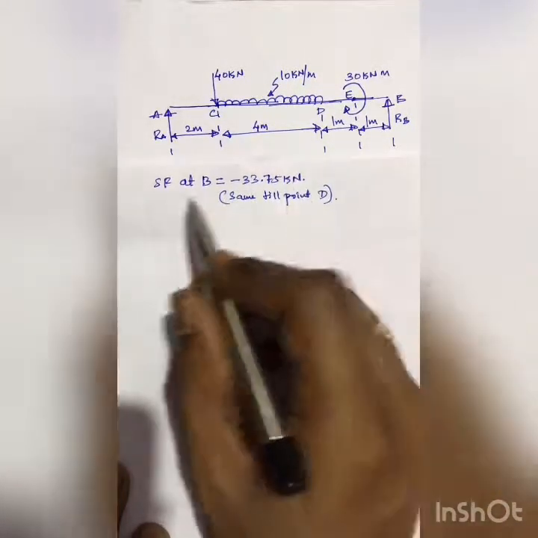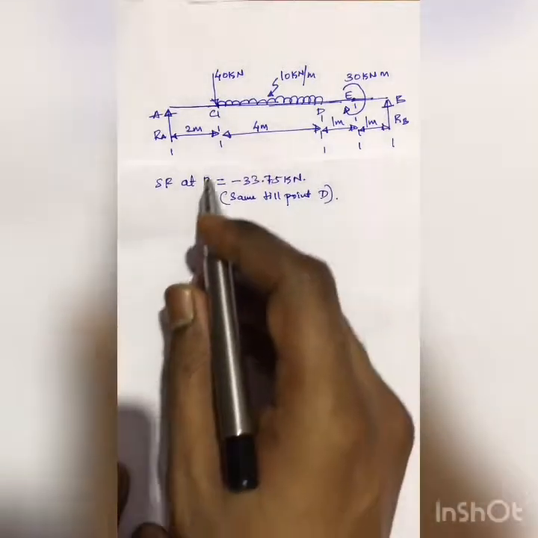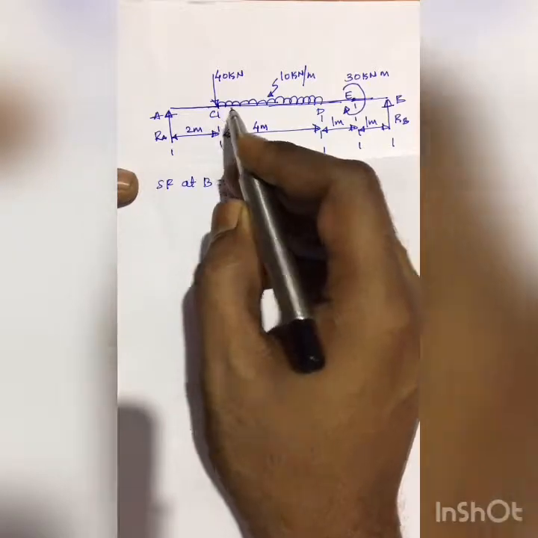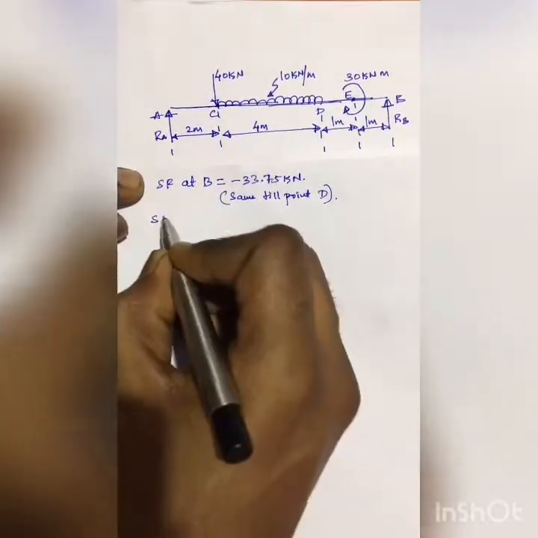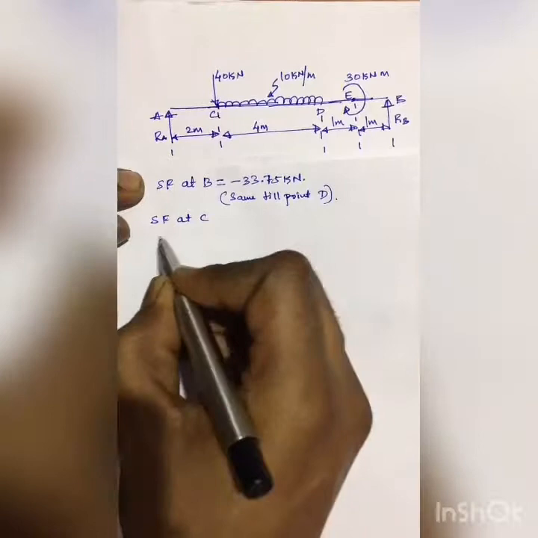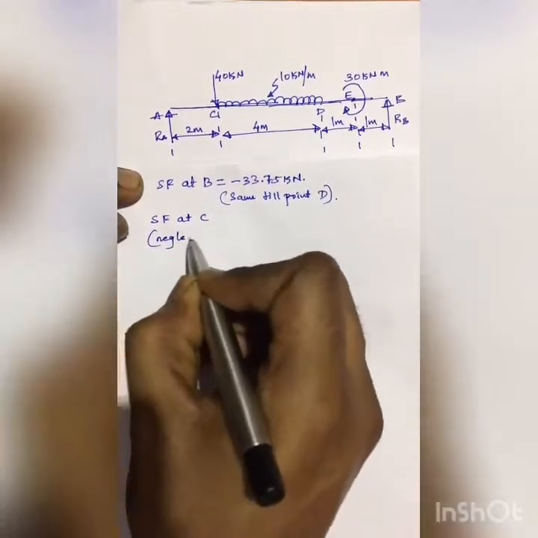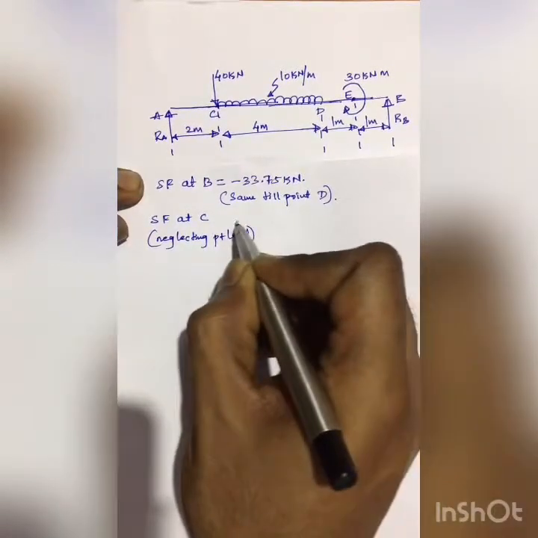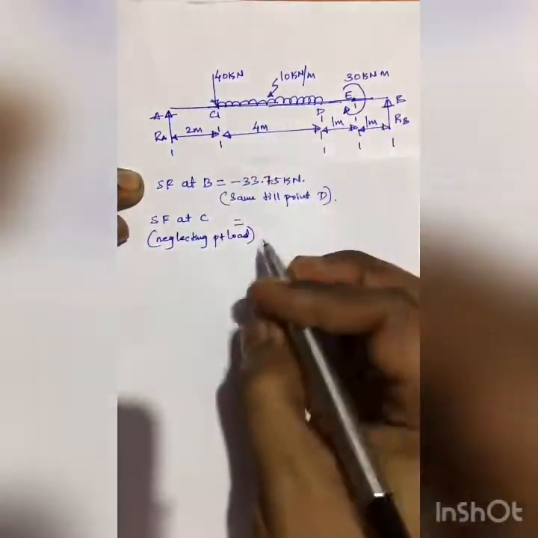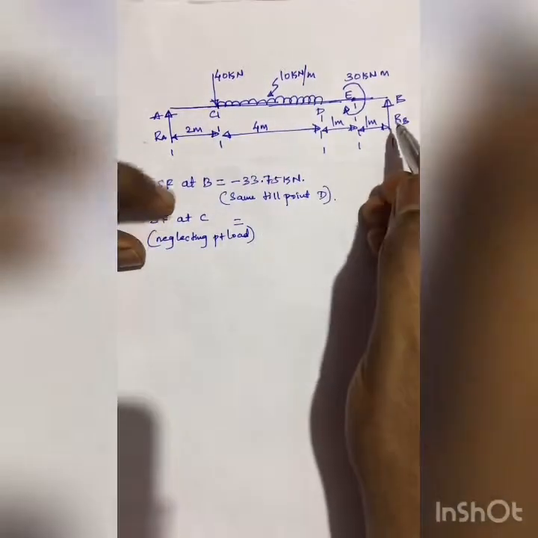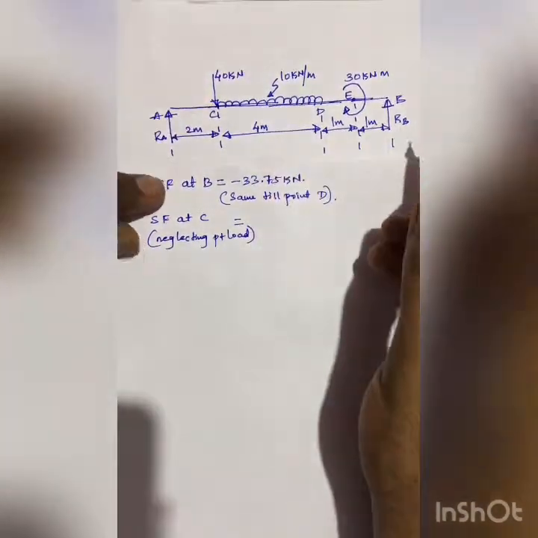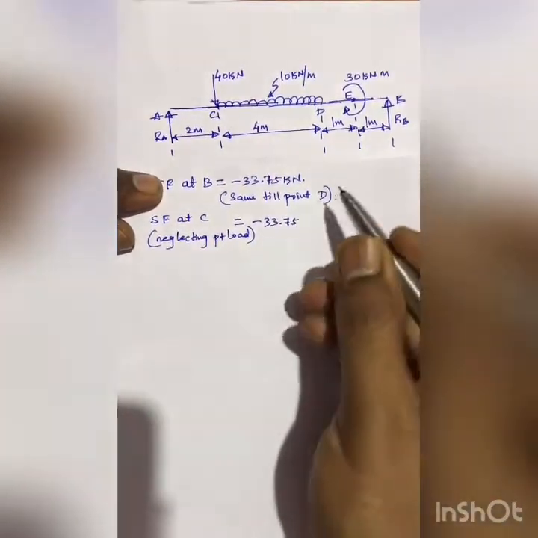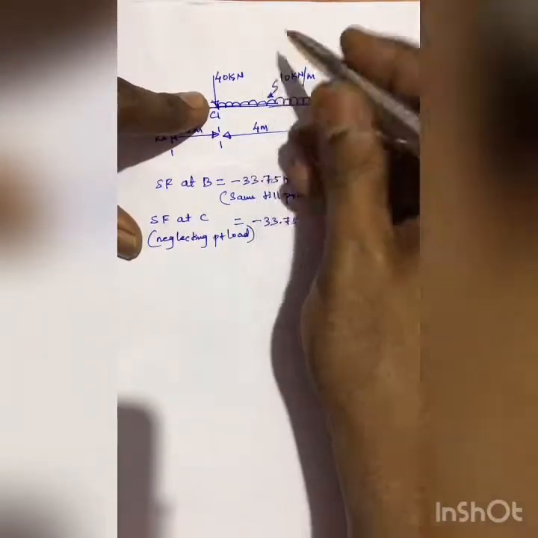Hence we need to find the shear force at C now, and that we do first by neglecting this point load, and second time by considering this point load. First, neglecting the point load, we neglect this 40 kilonewton. So what do we get? RB, which is minus 33.75, and this will be plus because this is on the right side and it's acting downwards.